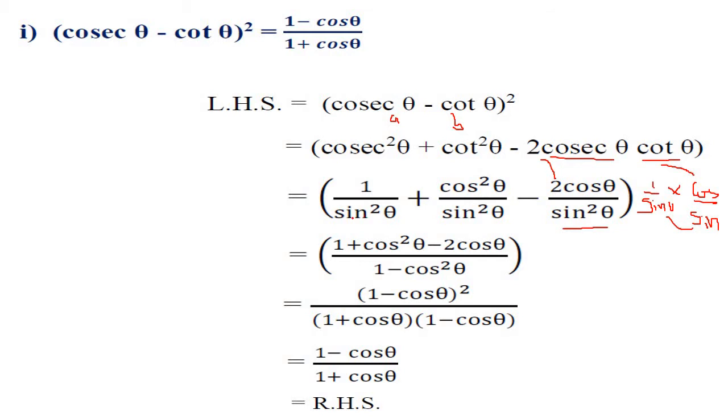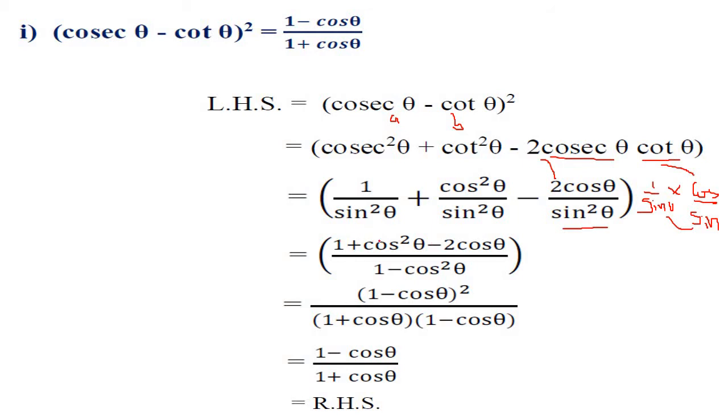Now sin square theta is the LCM. We can write sin square theta as 1 minus cos square theta. Then the numerator is 1 plus cos square theta minus 2 cos theta, which is in the form of (a minus b) whole square.